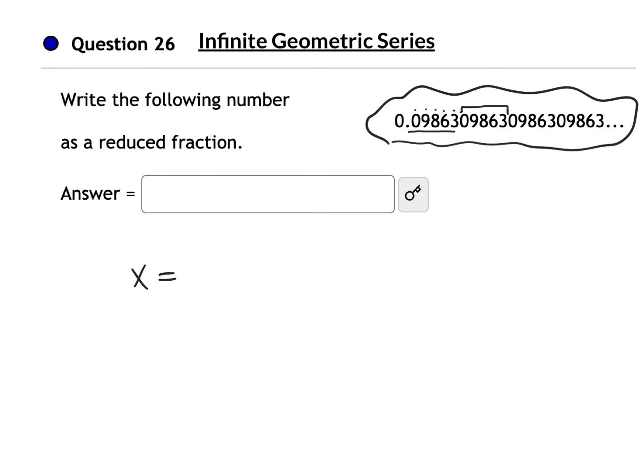I'm going to call x 0.09863 repeating. I need to figure out my power of 10. 1, 2, 3, 4, 5. That's 10 to the 5th, or 100,000. Multiply both sides by 100,000.